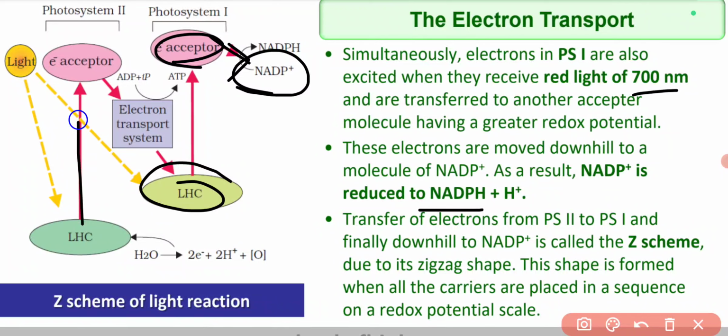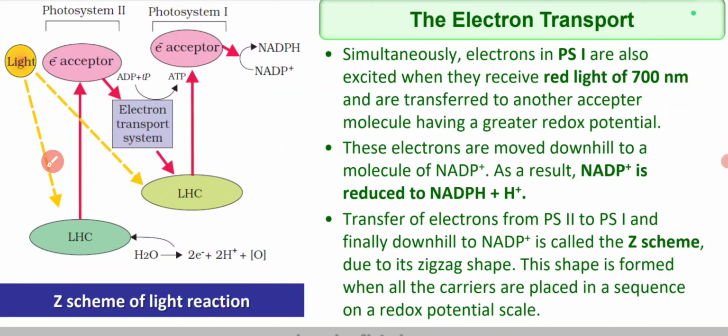Here you can see it first goes to this one, then electron transport system, then goes to this, and then comes to NADP plus. That's why it is called Z scheme due to its zigzag shape. This shape is formed when all the carriers are placed in a sequence on a redox potential scale.